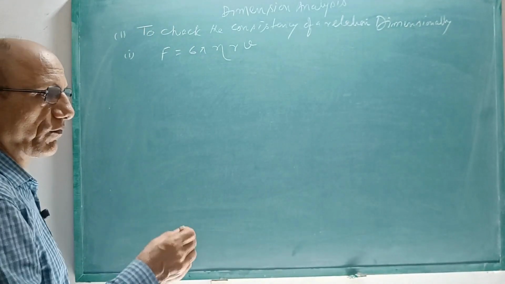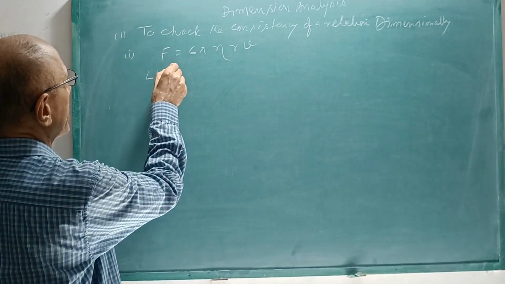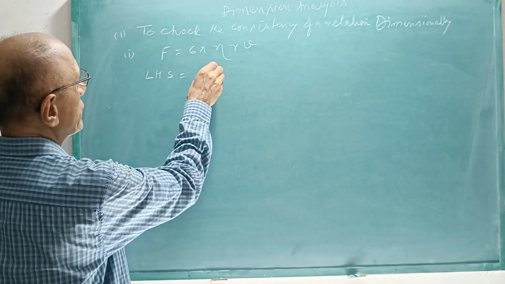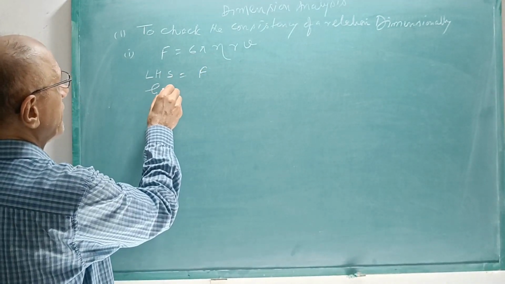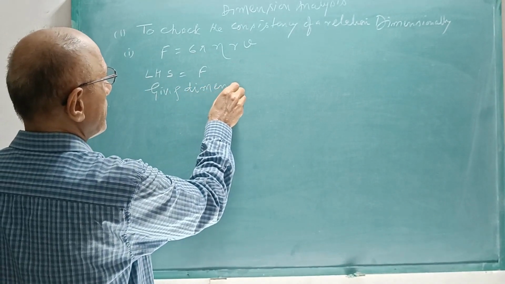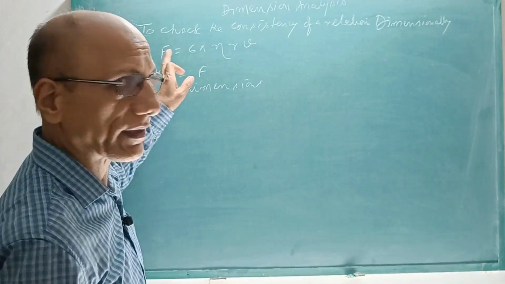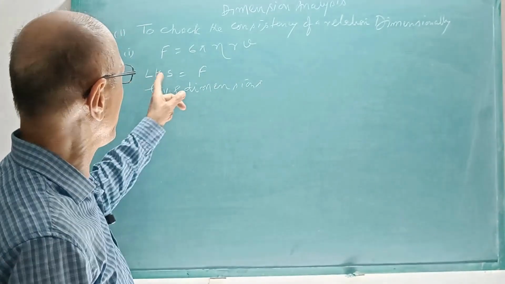So here we have to follow certain steps. First of all we take LHS equals F. Now we give dimensions. So left hand side is force.